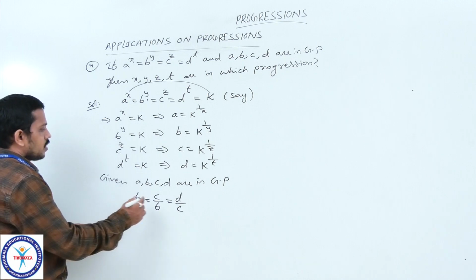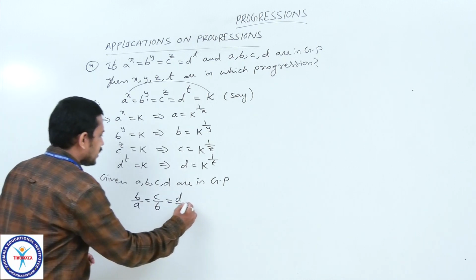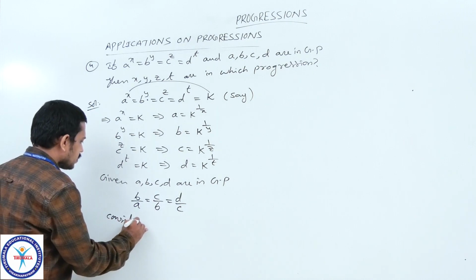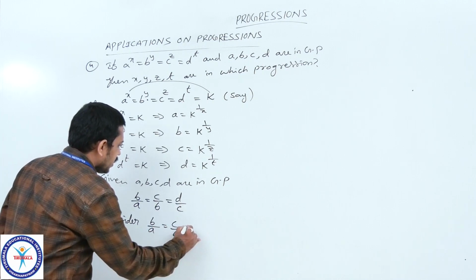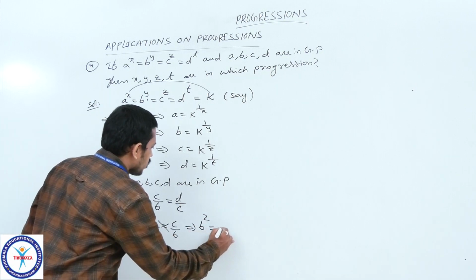Then here we consider first b/a = c/b. So from this, consider b/a = c/b, which implies by cross multiplication b^2 = a·c.